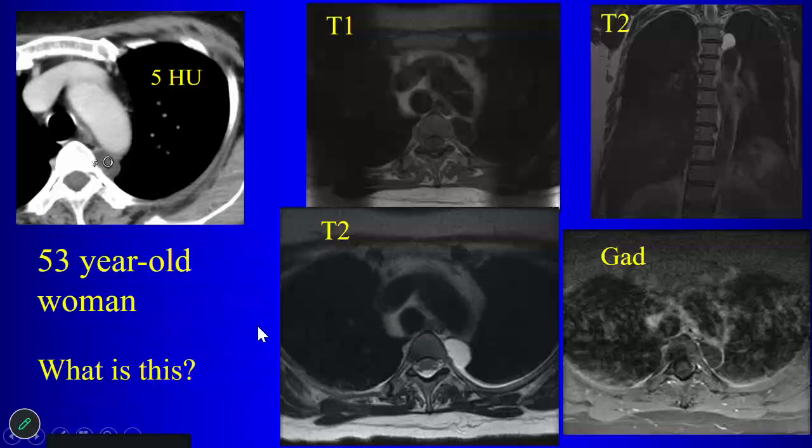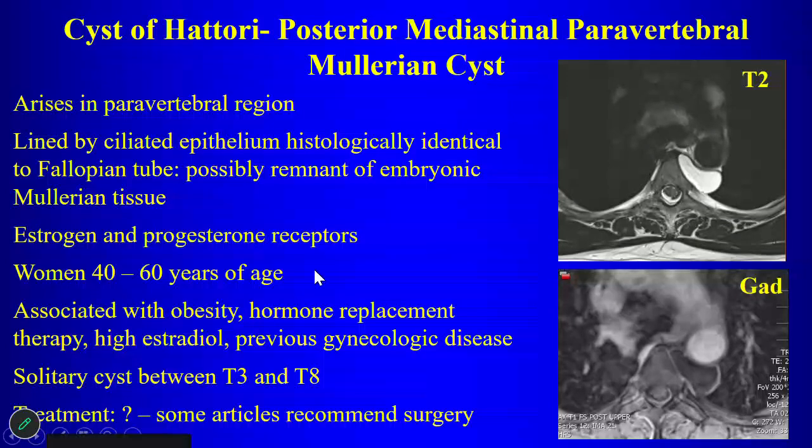I think it's like the same as the fallopian tube. Müllerian tissue, right, also called Müllerian cyst. So posterior mediastinal paravertebral Müllerian cyst. So these can arise in the paravertebral regions, middle-aged women, estrogen and progesterone receptors, and it can be associated with some of these other factors there. Solitary cyst between T3 and T8.